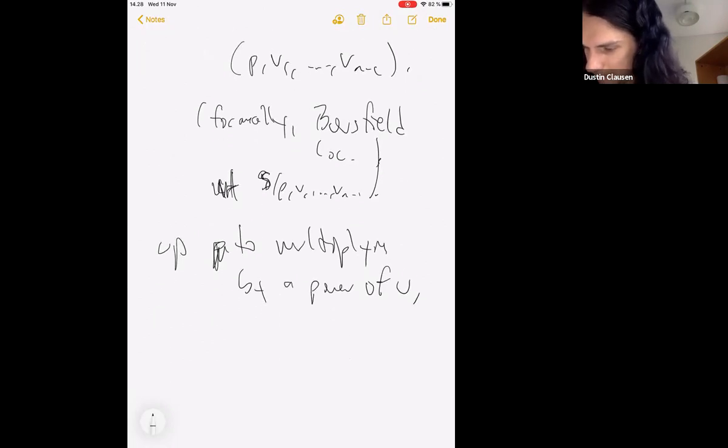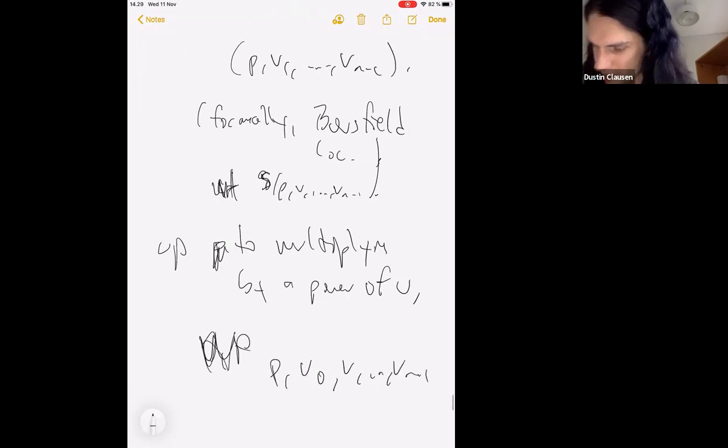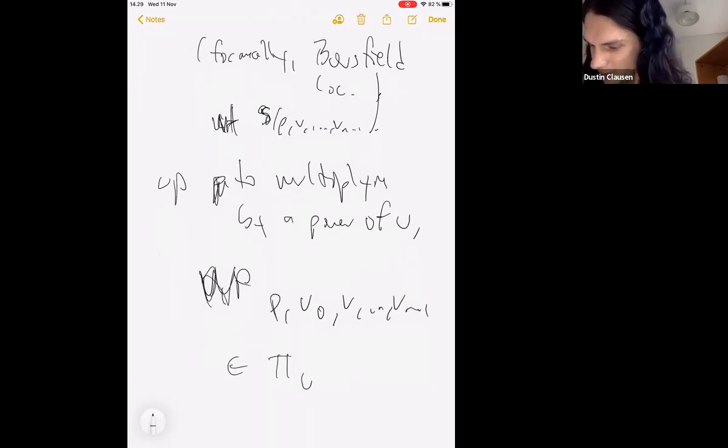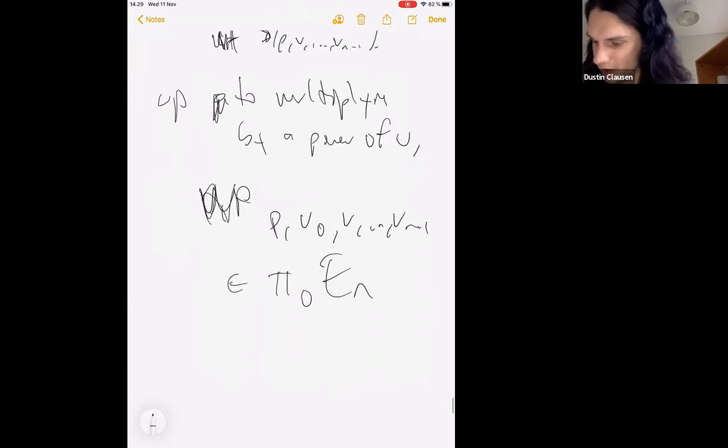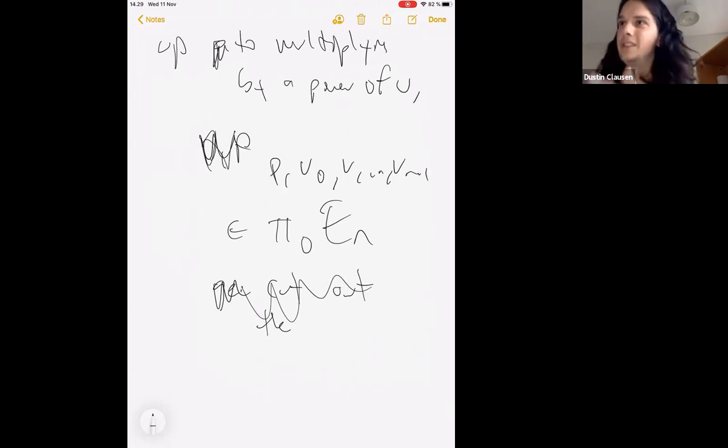These V_i's, these P, V0, V1, Vn minus 1, you can put them into pi naught of En, and they generate, well, at least their radical is the maximal ideal. How do I say that? What's the nice way to say that?